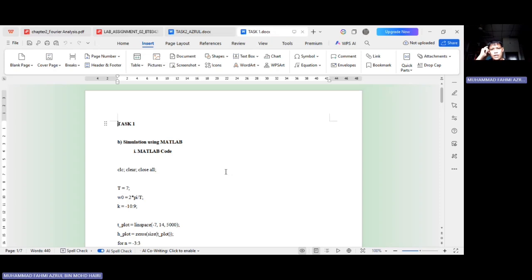Today, we will explain the expression of the simulation. We will explore the transition between the time domain and frequency domain using Fourier theory and synthesis.